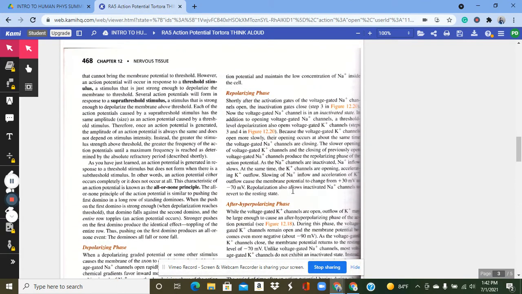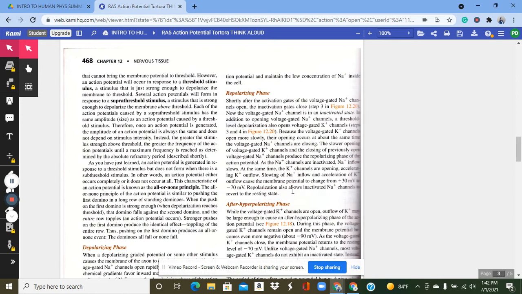So moving on to the repolarizing phase. Shortly after the activation gates of the voltage-gated sodium channels open, the inactivation gates close. Step 3 in figure 12.20. Now the voltage-gated sodium channel is in an inactivated state. In addition to opening voltage-gated sodium channels, a threshold level depolarization also opens voltage-gated potassium channels.